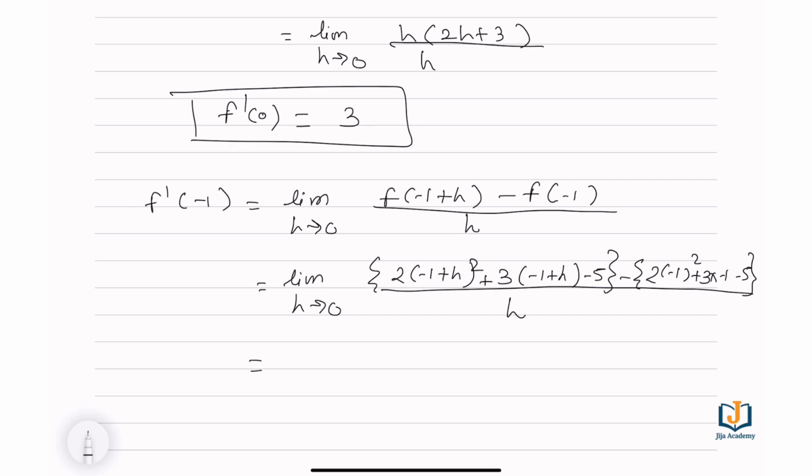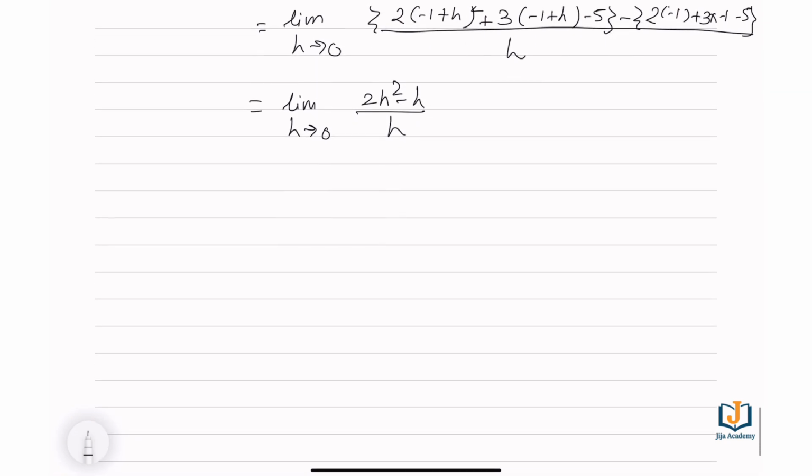So we get here limit h tends to 0 2h square minus h upon h. So limit h tends to 0 h into 2h minus 1 divided by h. So answer is minus 1.